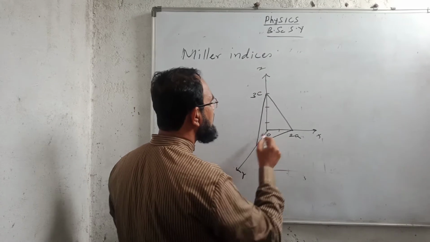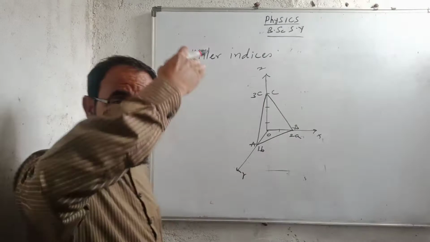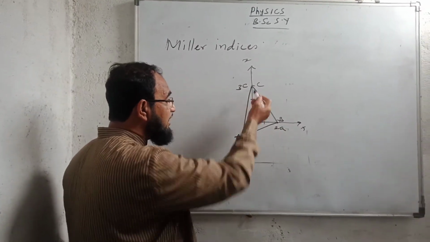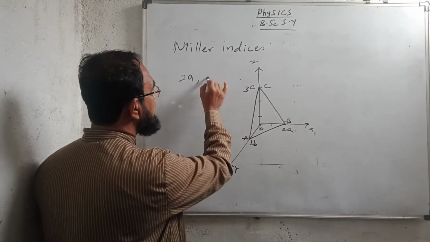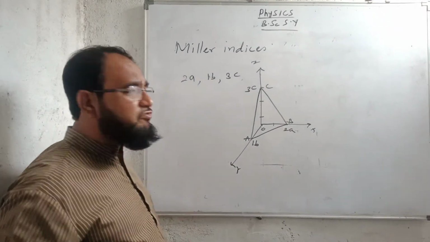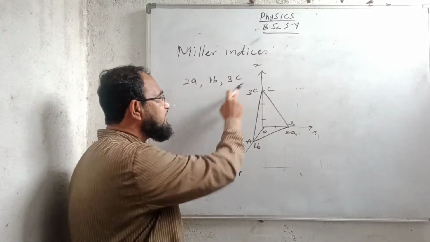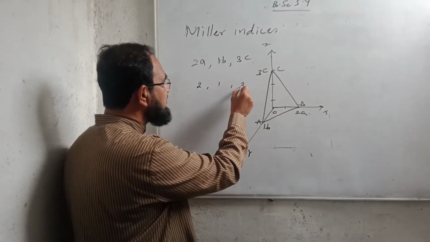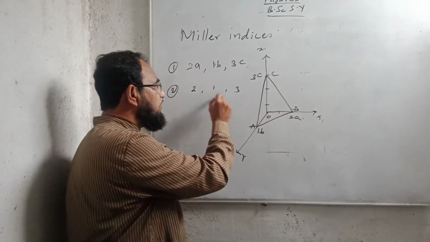These lines O, A, B, C are nothing but the lattice planes, and these planes are cutting the x-axis, y-axis and z-axis at 2a, 1b and 3c. So what is the first step to find the Miller indices? Write down the coefficients of these intercepts, that is 2, 1 and 3.